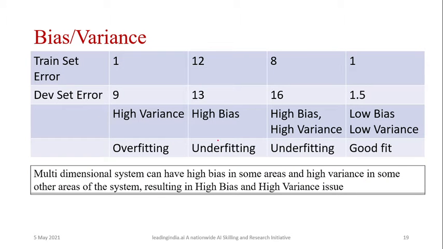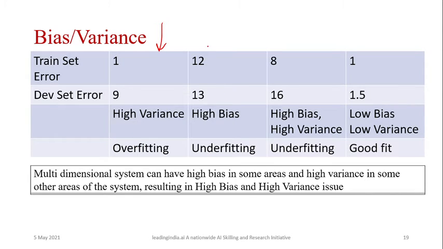So let's take an example. Let's take the first one. You have training set error of just 1, but your testing set or dev set error is 9. This is showing a high variance problem because you have high testing set error. And in this particular scenario, this comes under the overfitting problem.